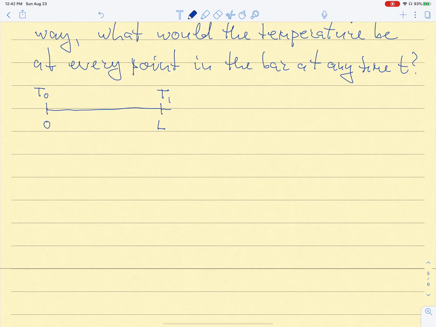Let's associate an x-axis with the bar. And so what I want to know is the temperature at every point x at any time t. Right, so temperature now is a function of two variables.